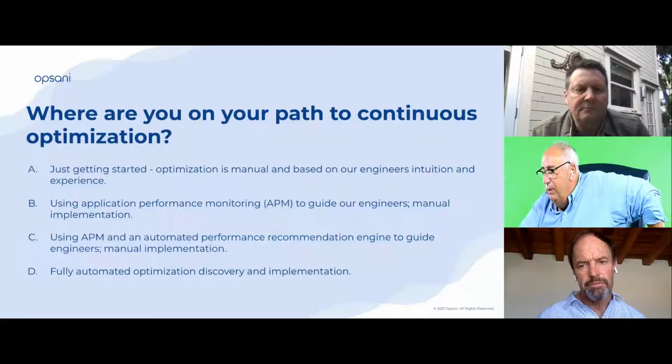So 21% were just getting started. 43%, almost half the audience, using application performance monitoring to guide, but manual nevertheless. 21%, about the same as A, in C, using some APM and an automated performance recommendation engine, but still manual, and only 2 people on fully automated optimization discovery.